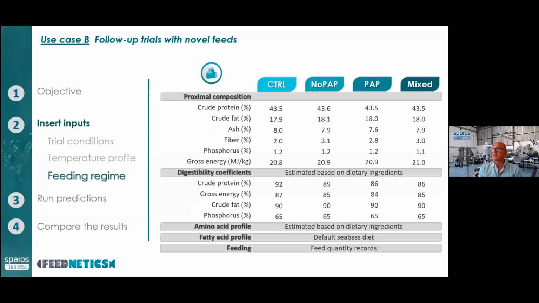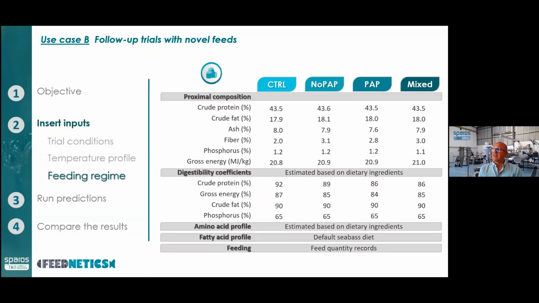As you see, the crude protein was around 43.5% in all four diets, crude fat around 18%. Digestibility coefficients differed slightly, and they were estimated based on known values for each of the ingredients that we were using in the formulation, and also for fat and so forth, and phosphorus.